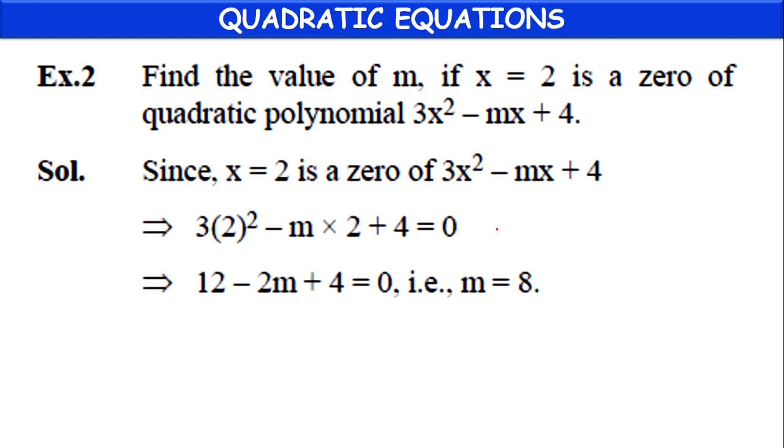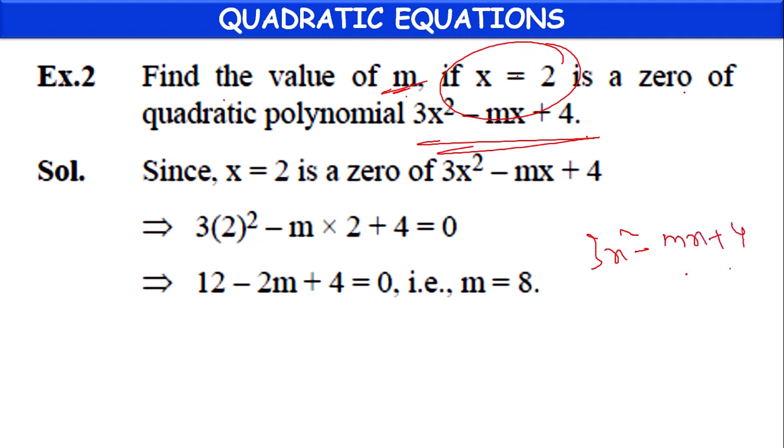Next, another example. Find the value of m if x equal to 2 is a zero of quadratic polynomial. We have a quadratic polynomial 3x square minus mx plus 4, where m is a constant whose value is unknown. For finding this unknown m value, they have given a clue that x equal to 2 is the zero of the given polynomial.